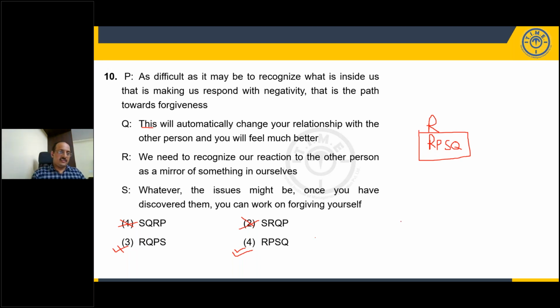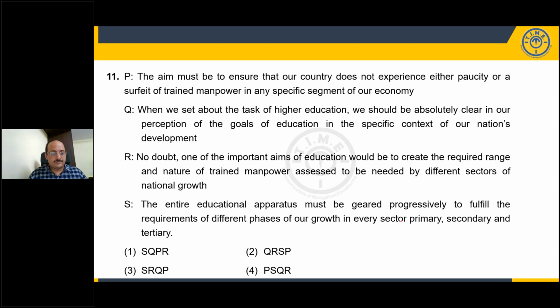Now let's try the 11th question. The aim must be to ensure that a country does not experience either paucity, which is shortage, or a surfeit.